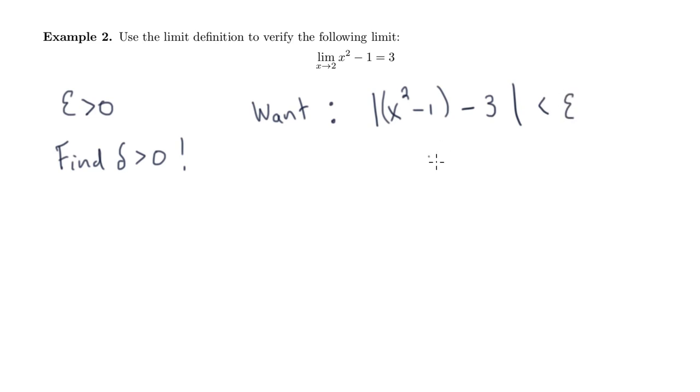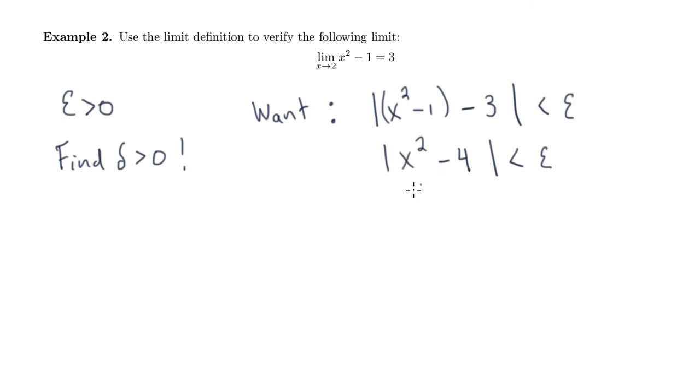And let's just start manipulating. So here we have x squared, this will be minus 4, less than epsilon, okay? And, well, you may think, okay, I'm stuck here, but of course, I hope you learn from this example what to do in these situations.